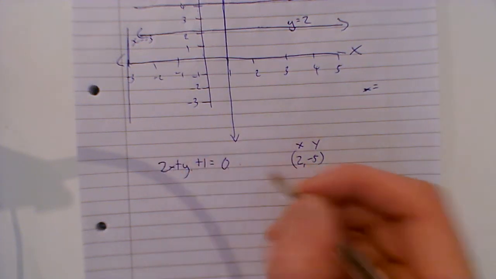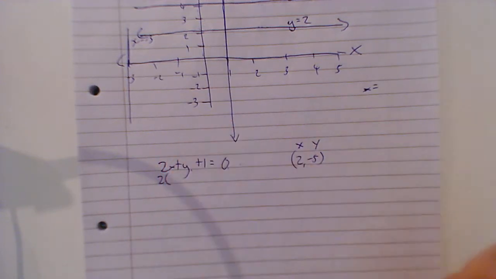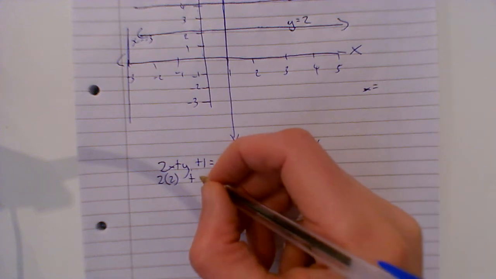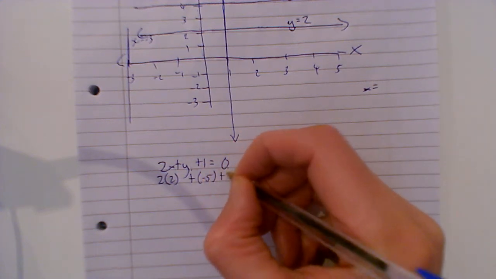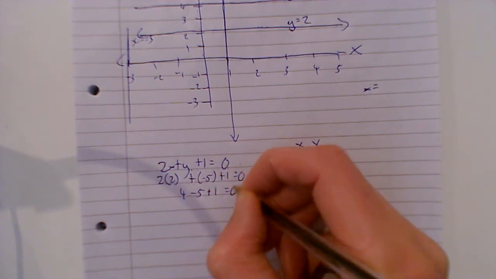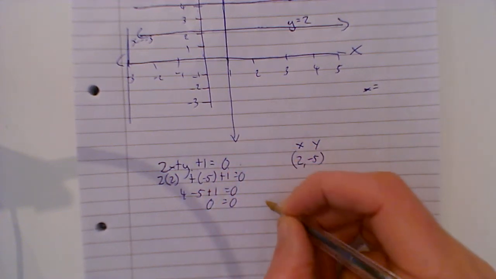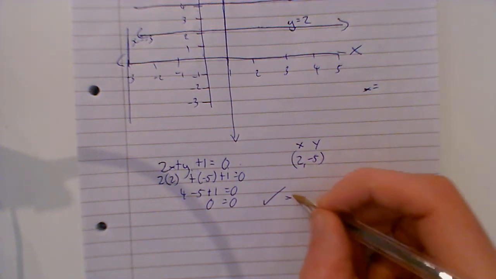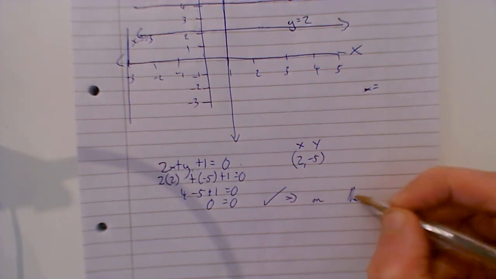That's why it's not x1 or whatever. 2 by 2 plus -5 plus 1 equals 0. That's 4 minus 5 plus 1 equals 0. 0 equals 0. So therefore it's on the line. If and only if that didn't equal 0, then you wouldn't have said that it's on the line. Therefore, on the line.